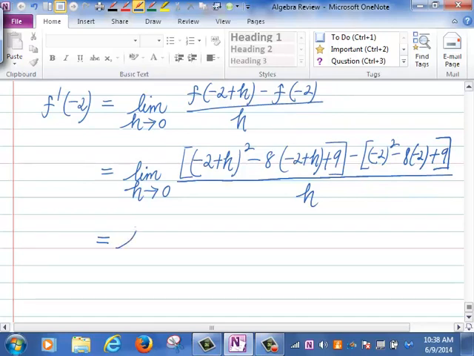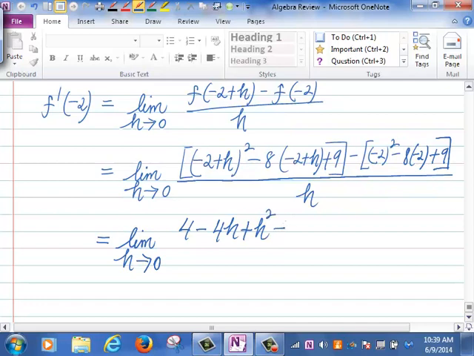So this would be the limit as h goes to 0. What do I get from negative 2 plus h squared? You have to multiply negative 2 plus h, negative 2 plus h, by using FOIL. And then what do you get? You get 4 minus 4h plus h squared.